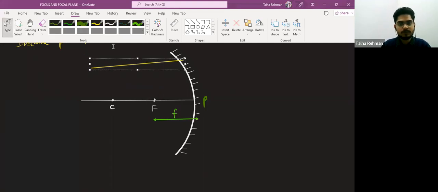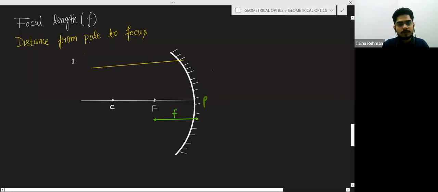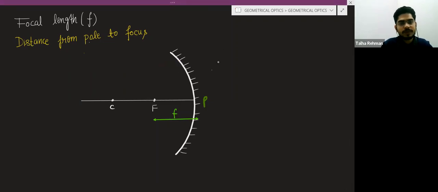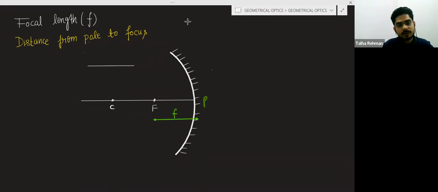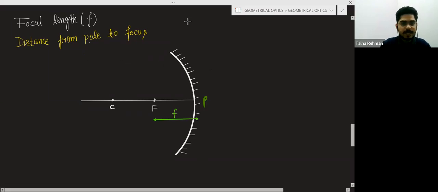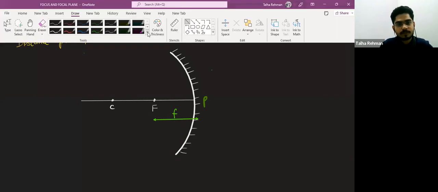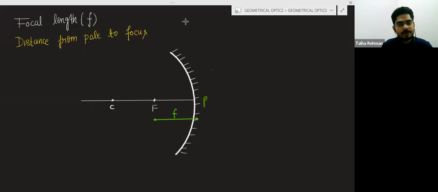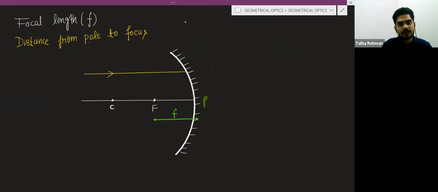Suppose a ray of light parallel to the principal axis is there. This is the ray of light parallel to the principal axis.